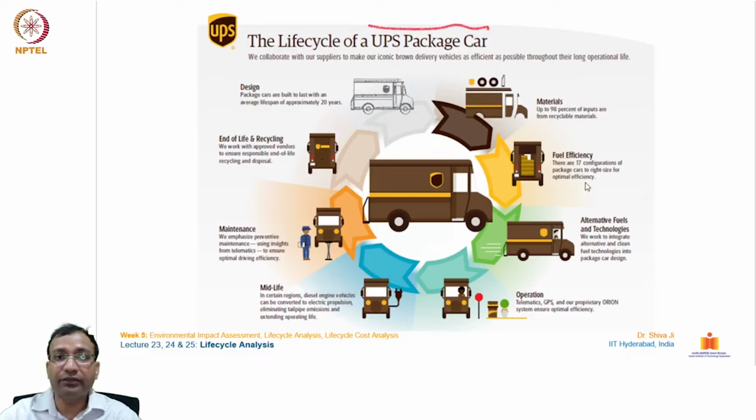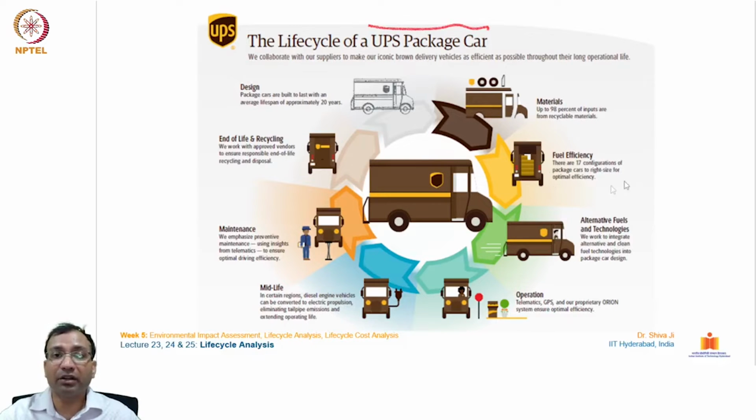On the fuel efficiency part, there are 17 configurations of package cars to right-size for optimal efficacy. Those configurations depend on the volume and the weight the vehicle is going to carry, and the kind of terrain and landscape on which it is going to operate, whether it is a congested city, or a countryside, or very heavy vehicles, or medium heavy vehicles, or maybe a lighter goods vehicle.